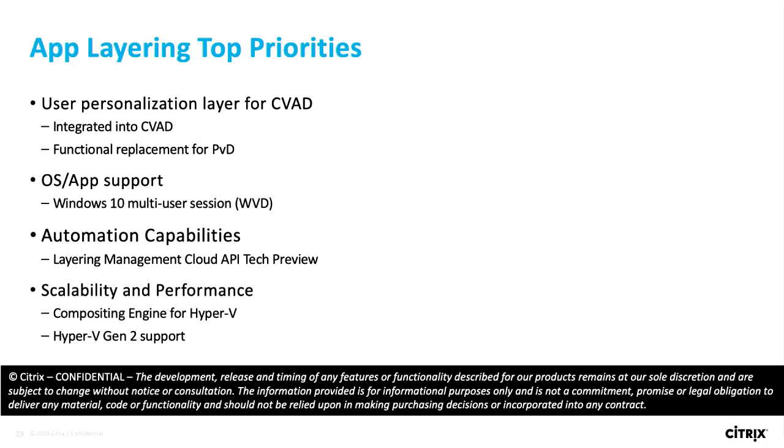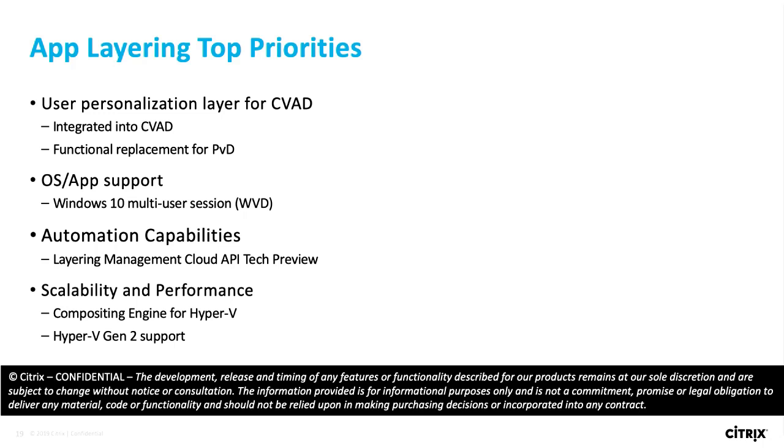We are targeting this feature for that, but really it's also a next generation feature. This feature will not require the deployment of a layering appliance to utilize it. It will still require a repository on a Windows file share in the environment where the VDAs are running. But again, it's configurable through Studio ultimately.